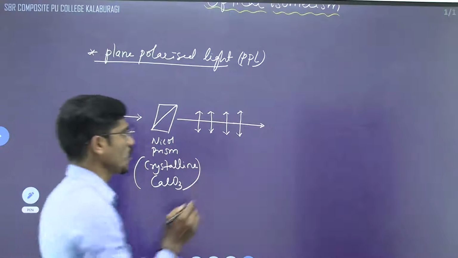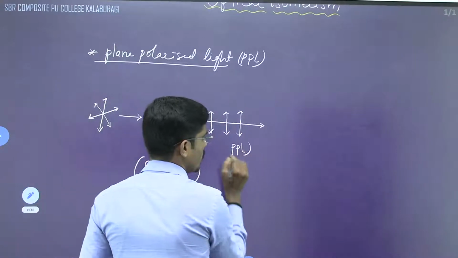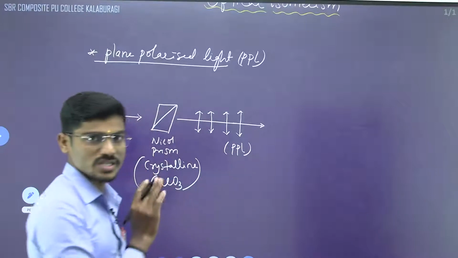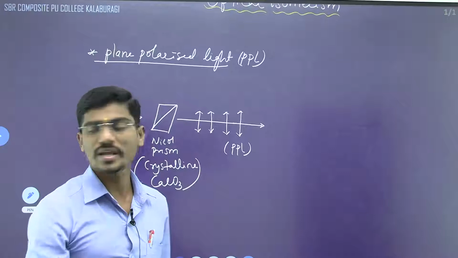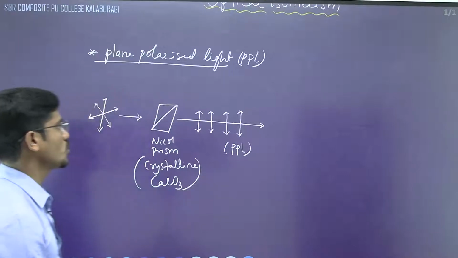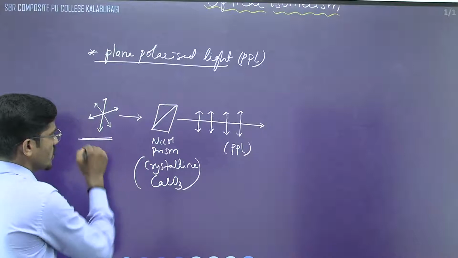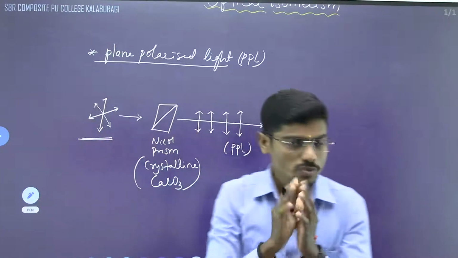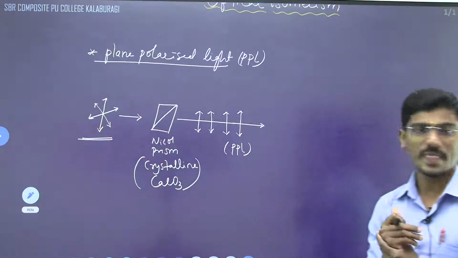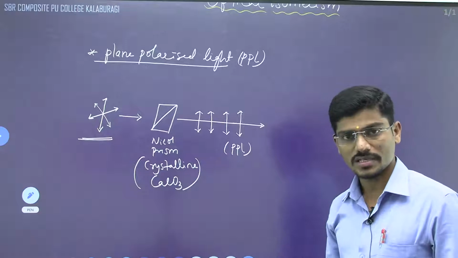So this is said to be plane polarized light, PPL. And this is ordinary light, which consists of electromagnetic radiation vibrating in all the possible directions. So this is PPL, plane polarized light.